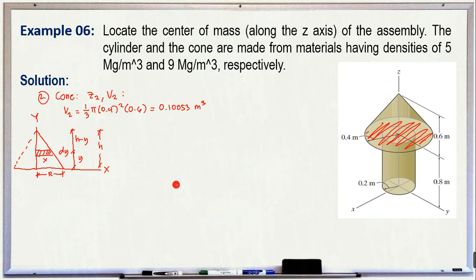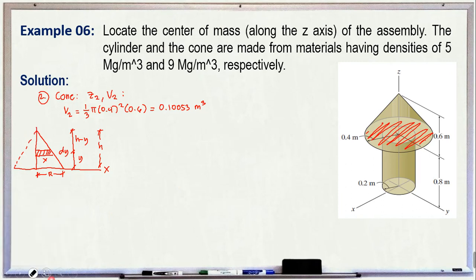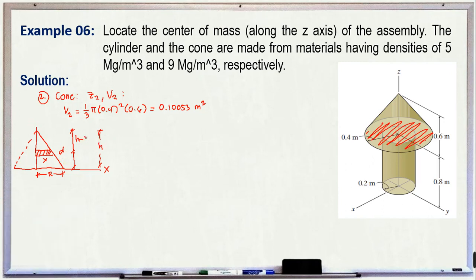The generalized formula for this one is, again, we have... okay, I forgot the notation, it's not y but z. This is z, this is z, dz. Okay, so let's solve. Again, this is only for the cone.